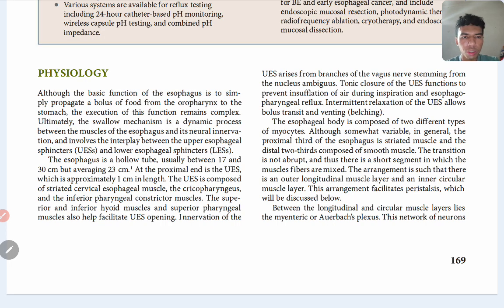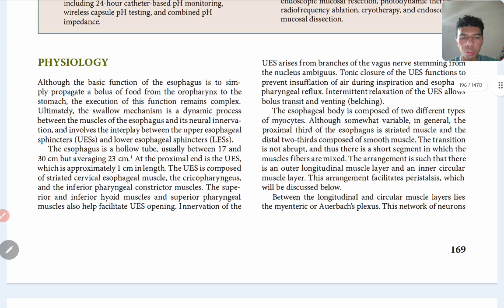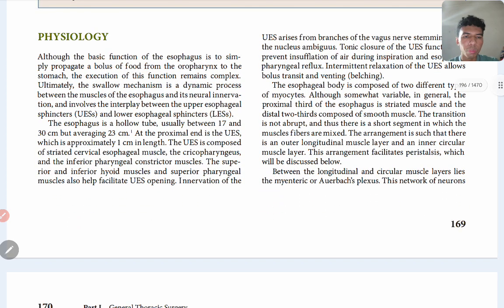The arrangement is such that there is an outer longitudinal muscle layer and an inner circular muscle layer. This arrangement facilitates peristalsis, which will be discussed below. Between the longitudinal and circular muscle layers lies the myenteric or Auerbach plexus.